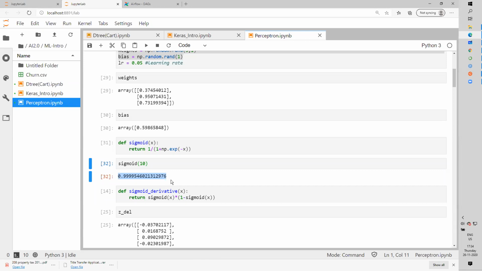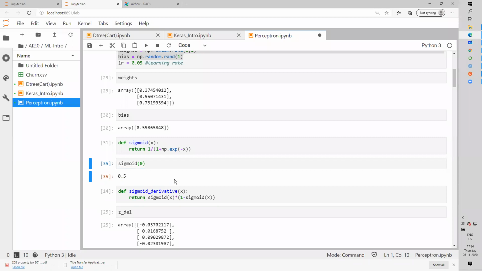When the values are low, negative values, let's say we give sigmoid of minus 10, you would get 4.5 into 10 to the power of minus 5, so that's like 0.000 something. What is sigmoid of minus 1? 0.26. And what is sigmoid of 0?